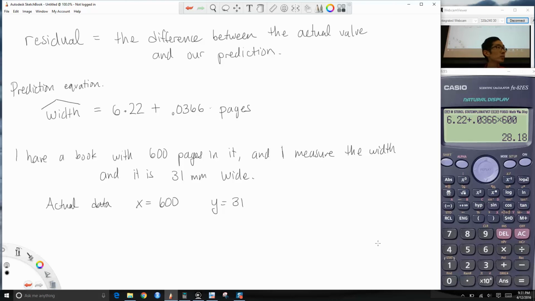Based on our regression line, when x is equal to 600, we predict y.